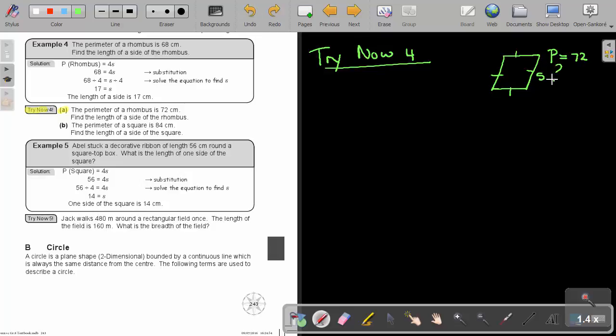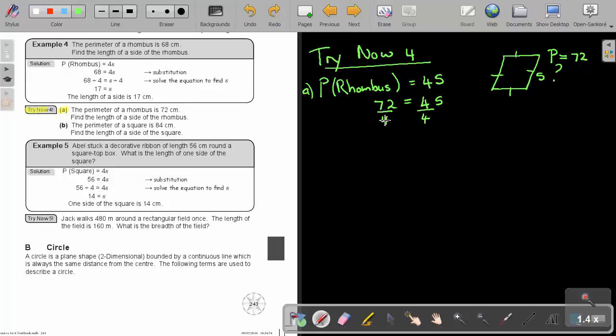I'm looking for that. So basically I'm going to start with my formula. And this is number A. So the perimeter of the rhombus is going to be 4s. So in the place of the perimeter, I'm going to put that 72. And I'm looking for my 4s. And now it's an equation. I want to get 1s, so I divide by 4.